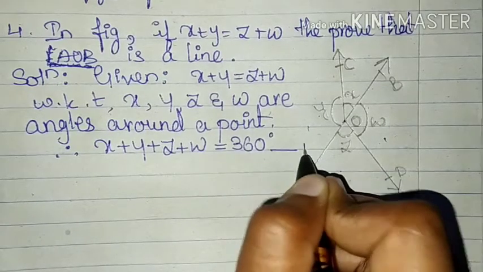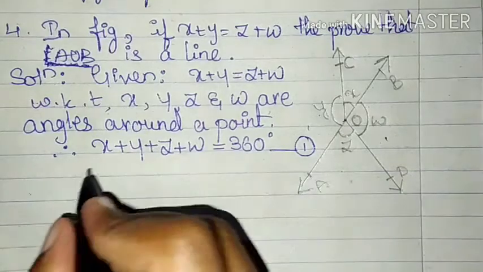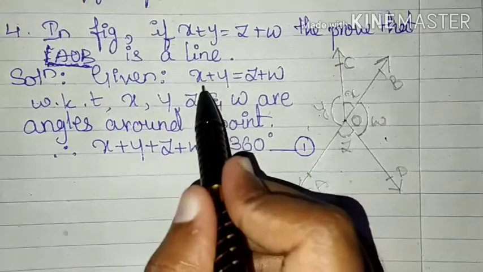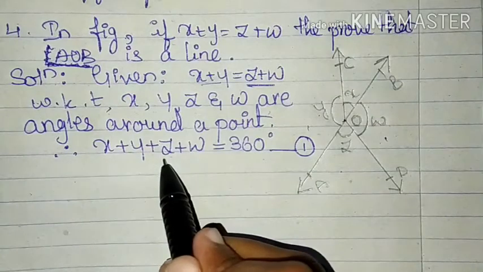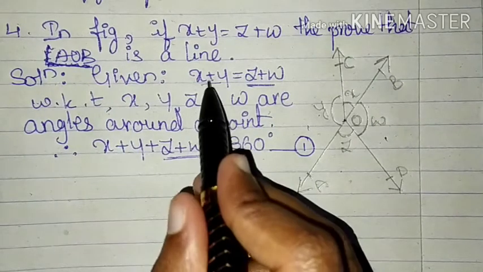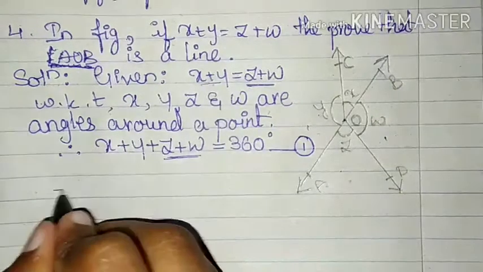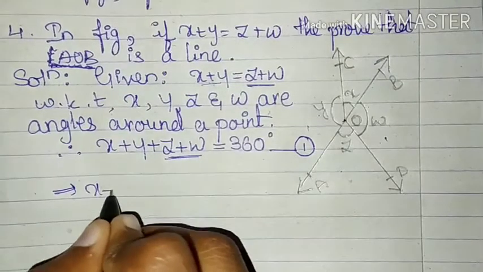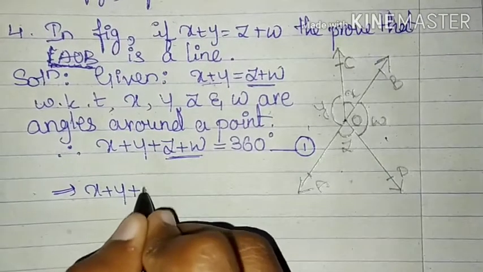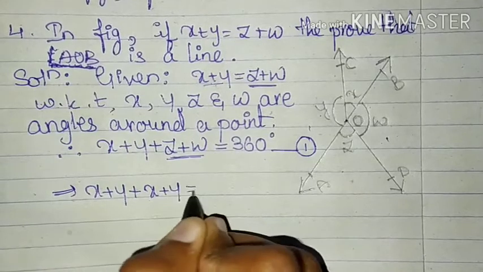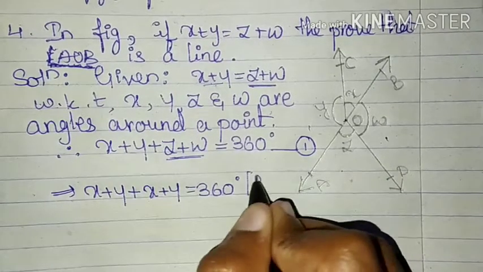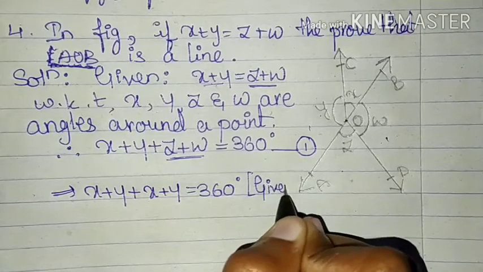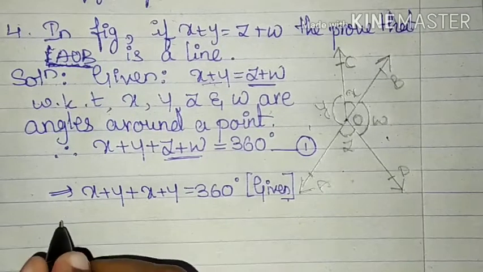This is equation 1. But we know that x plus y is equal to z plus w. So here I can replace z plus w by x plus y. So this implies x plus y plus x plus y is equal to 360 degrees, because it is given to us that their sums are equal.